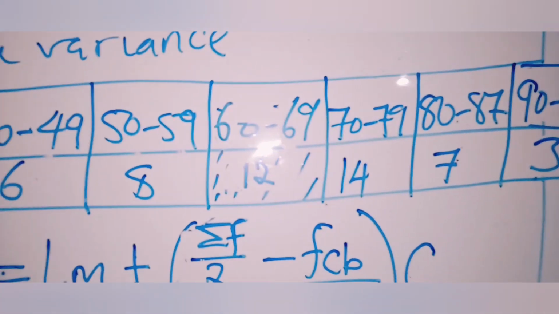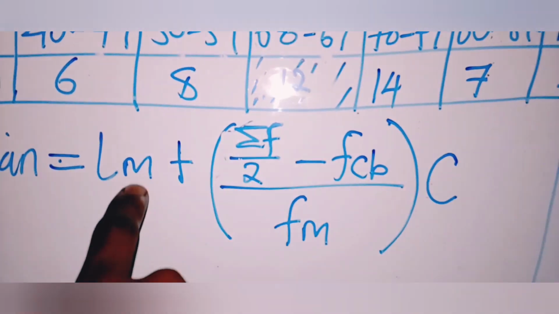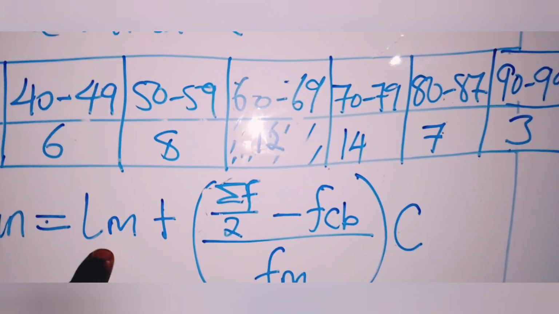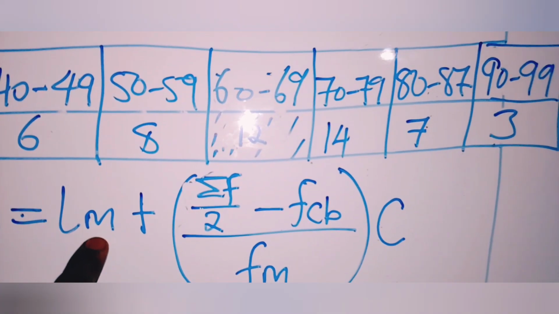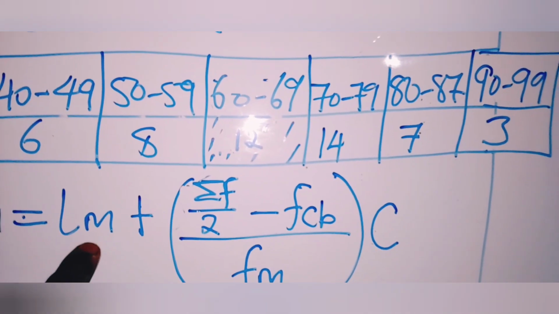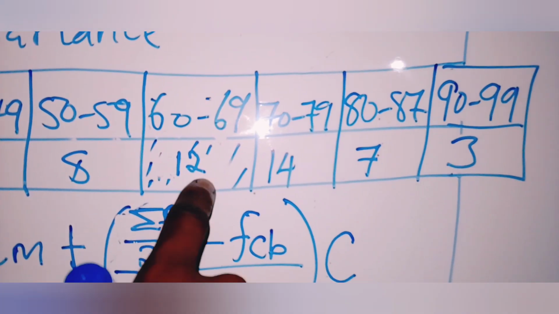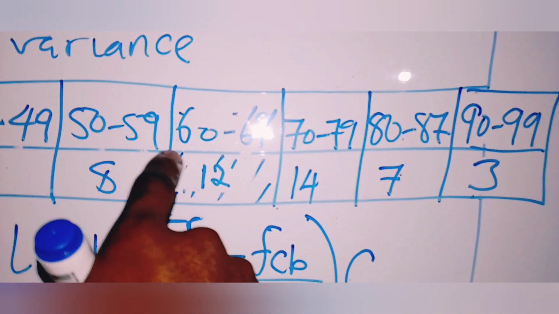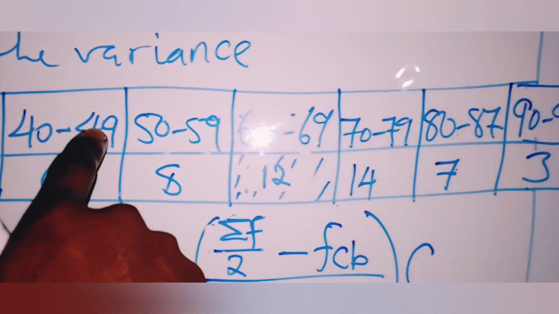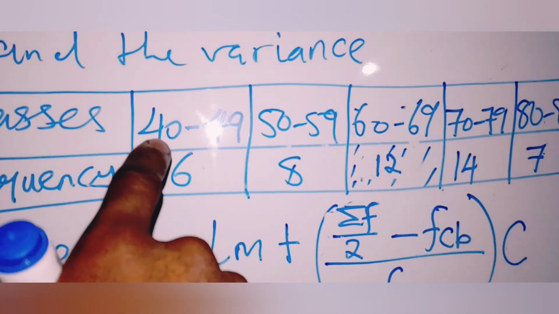Now let's look for LM. How can we find LM? From what we have, this is 12. Remember, LM is the lower boundary of the median class. Let's see the lower boundary. Here it's 12, and then we have the classes, according to the kgs. Remember, they took some kgs of individuals.